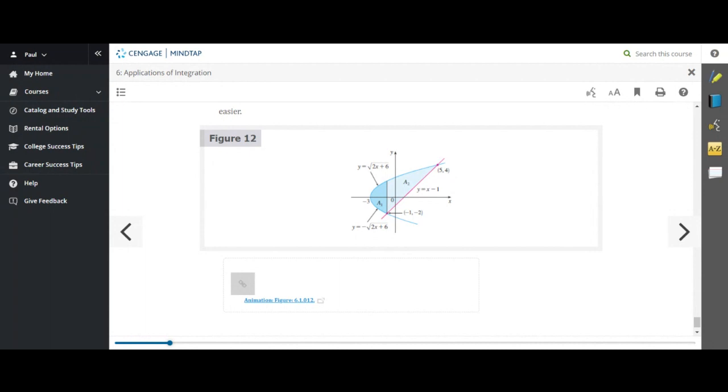Now, this is where you have a top function and a function on the bottom. Why do you need to compute two separate areas, A1 and A2, and add those areas? What do you think, Samuel?